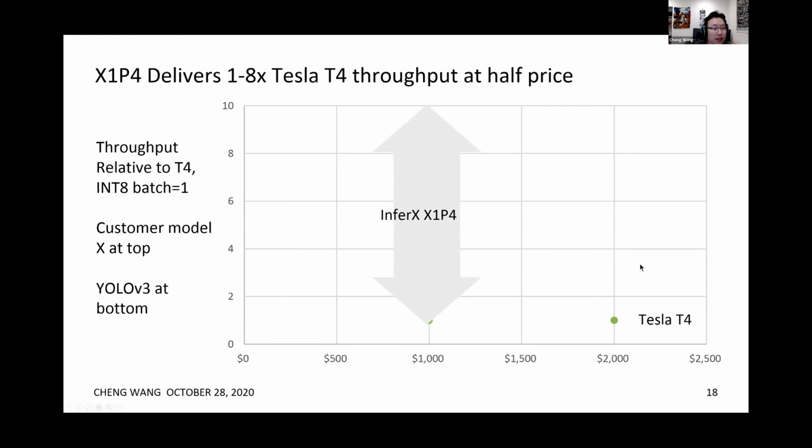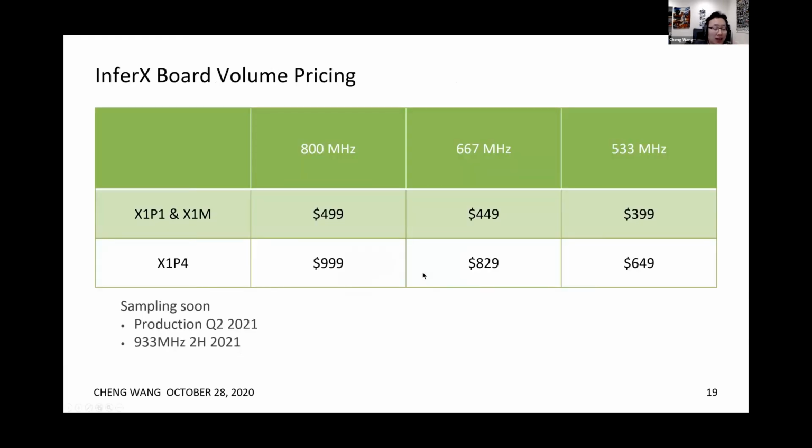T4 does have better latency at batch of 1, but there are many applications where X1P4's price performance will be a lot more attractive than the T4's, and it also allows us to fit into more slots than ever before. To make it an even sweeter deal for customers that do not need as much performance as our highest end parts, the lower speed frequency bins allow customers to take advantage of an even lower entrance price point.